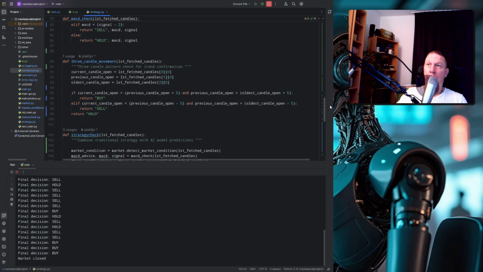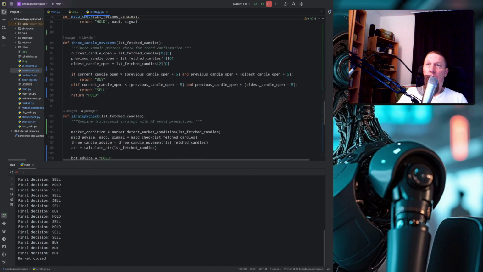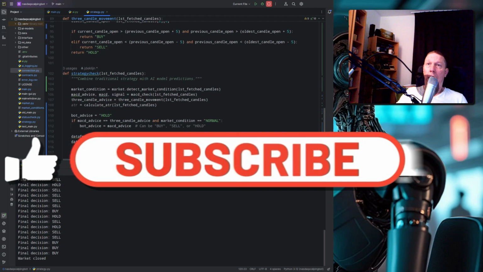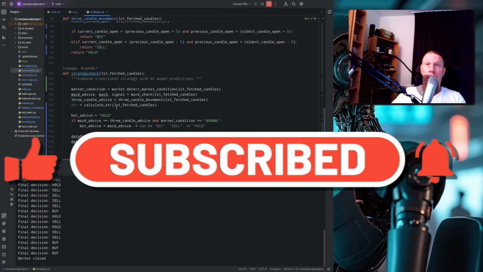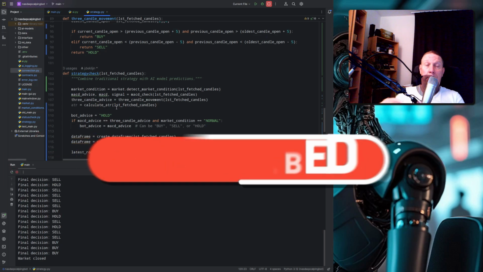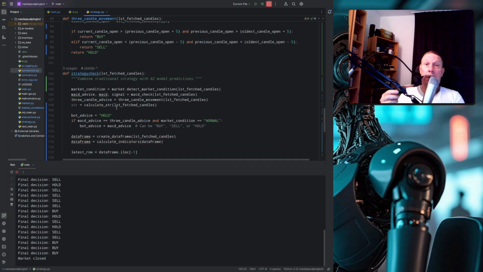Calculate, MACD check, 3 candle movement strategy check. And I reactivated the algorithm that was used before I had AI. So it's the algorithm that does this first, and is the first one to give advice.